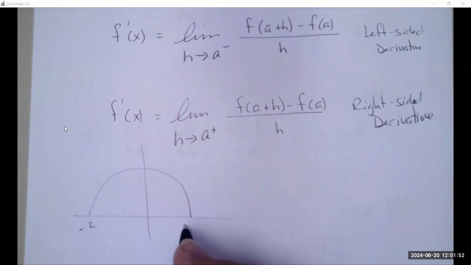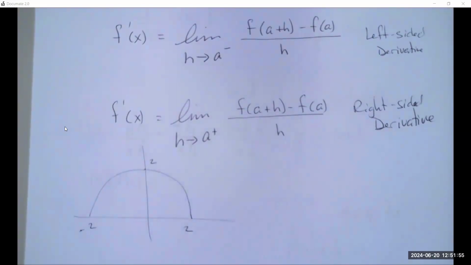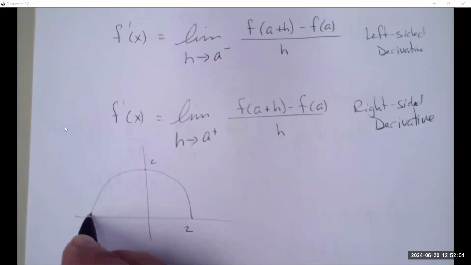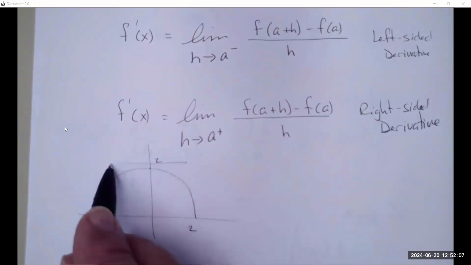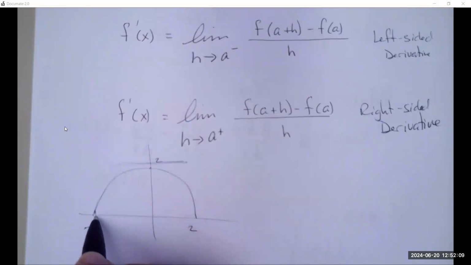Yeah, we're going from -2 to 2. When we find the derivative, we're looking for the slope of the function. So the slope is horizontal there. And what's happening at 2 or -2? What's the slope at -2? What does it look like?